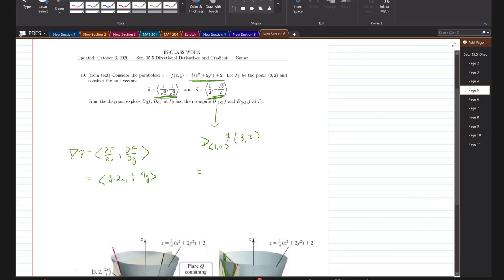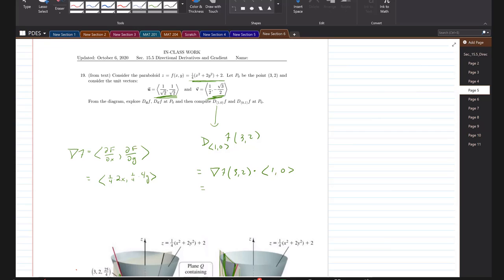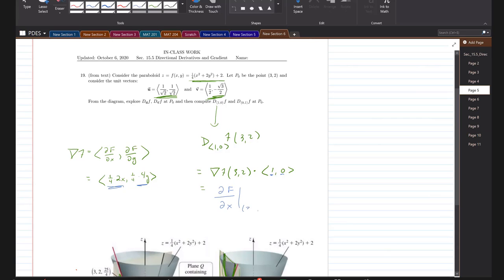And then what we would get is the gradient of f at 3, 2 dotted with the vector 1, 0. But if I dot this with the vector 1, 0, then all that's going to survive is this 1 times this component right here. Because the other component is 0, right? That component dies out. But that is just the partial derivative of f with respect to x evaluated at 3, 2.